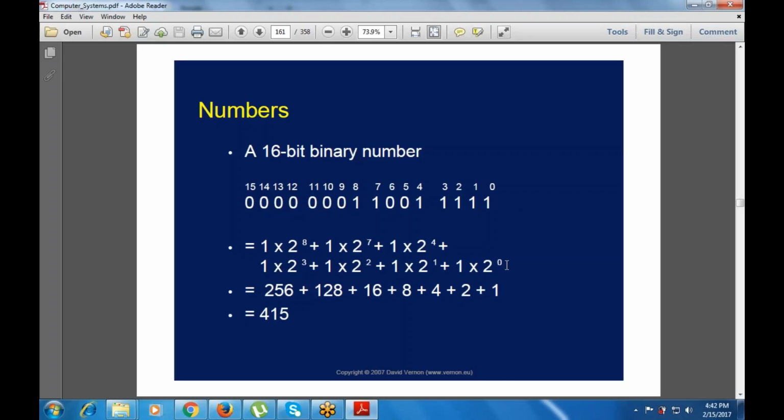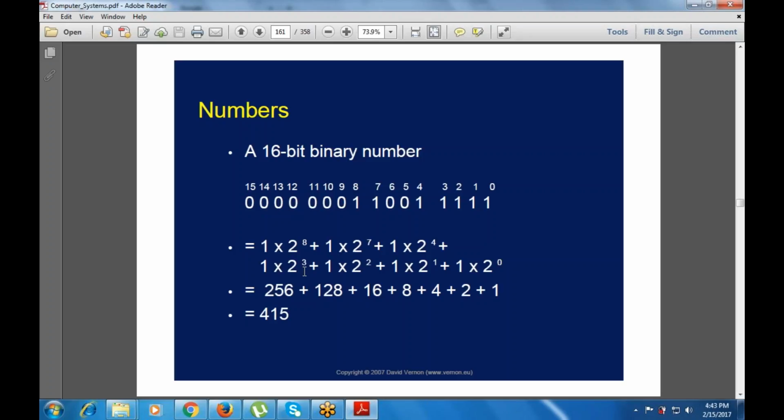Now, for example, if I want to calculate this one, it is 2 power 0 into 1, 2 power 1 into 1, 2 power 2 into 1, 2 power 3 into 1, 2 power 4 into 1, then 2 power 7 into 1 and 2 power 8 into 1.